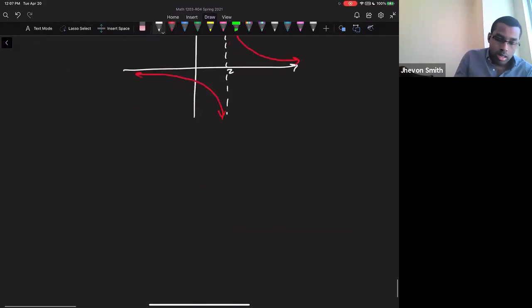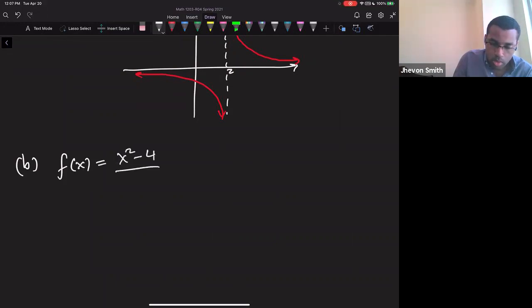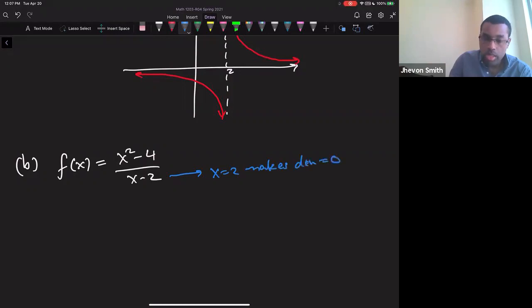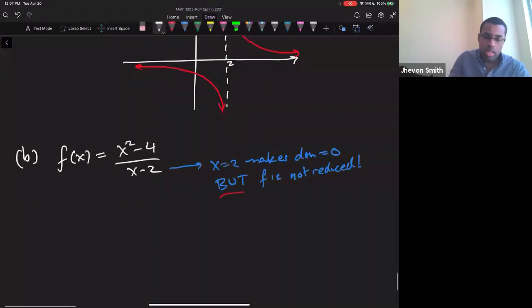Let's move on to B. F of x equals x squared minus 4 over x minus 2. You'll notice here, x equals 2 makes the denominator equal 0, but not so fast. F is not reduced. So that's totally irrelevant to us at this point. We have to keep going.